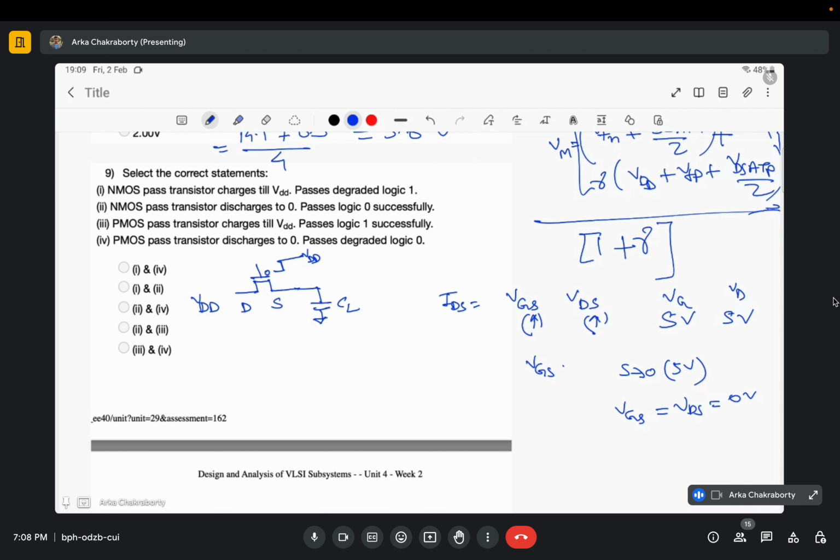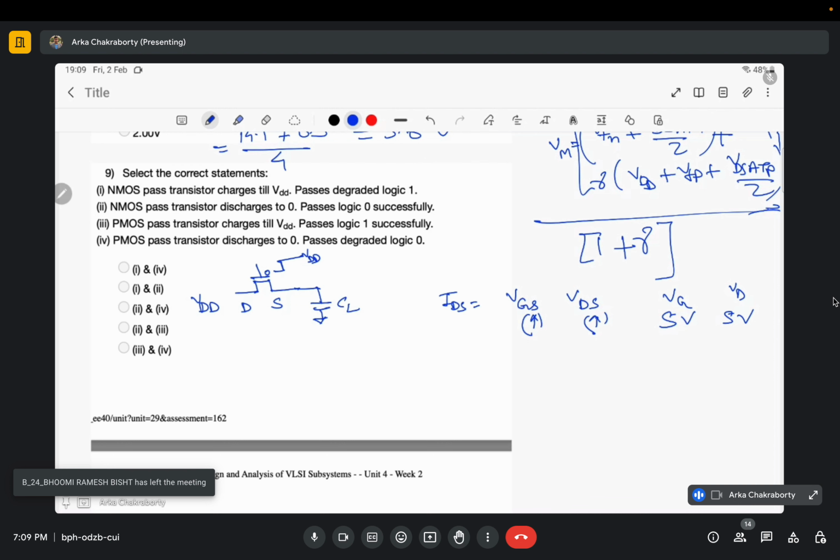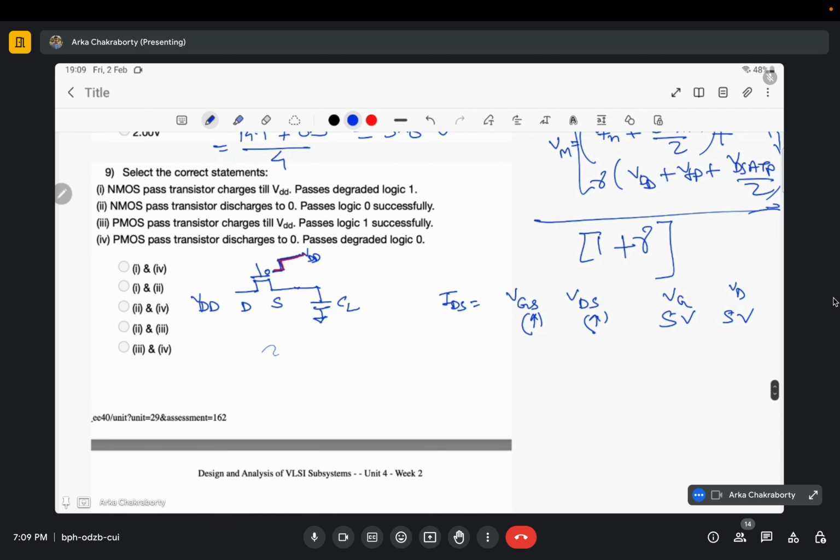So we will always try to ensure that my source terminal is not getting charged. Fine. So here you can see I have given a pulse which was initially 0, later I made it VDD. Now see what happens. The condition that I should remember is my VGS minus VT should always be greater than or equal to 0.